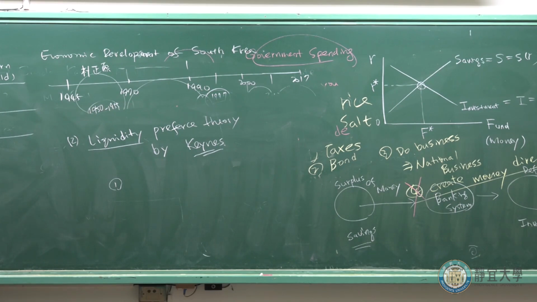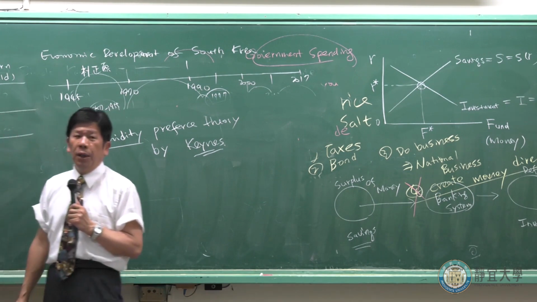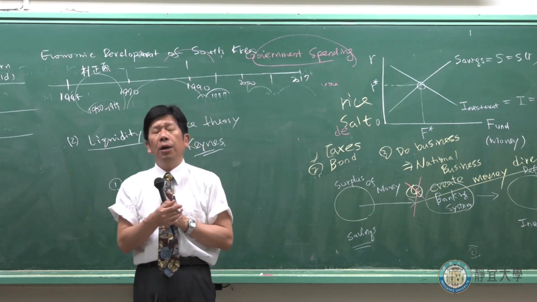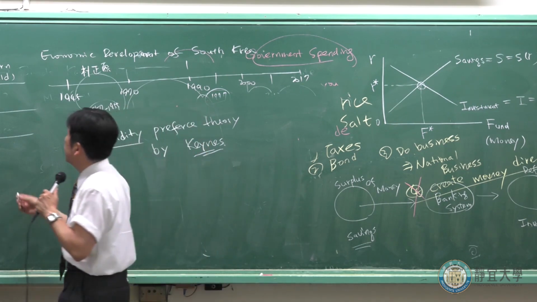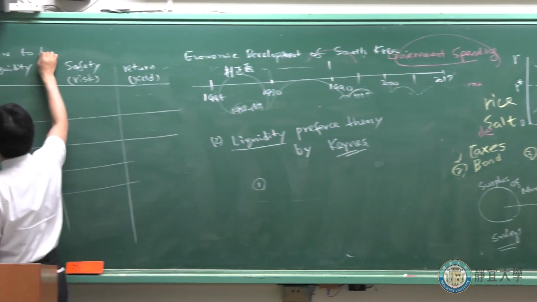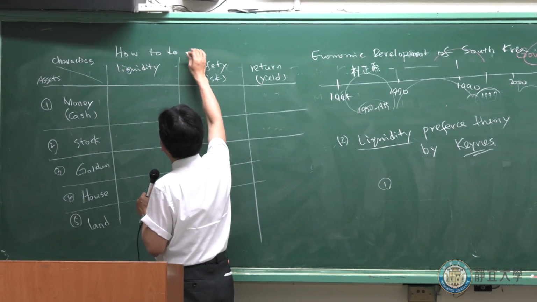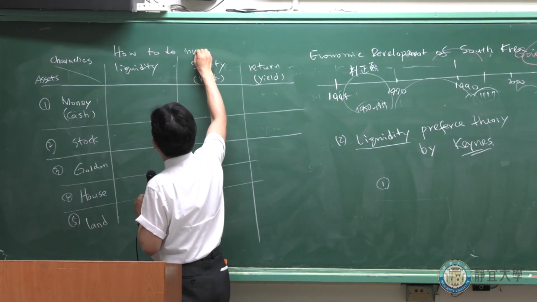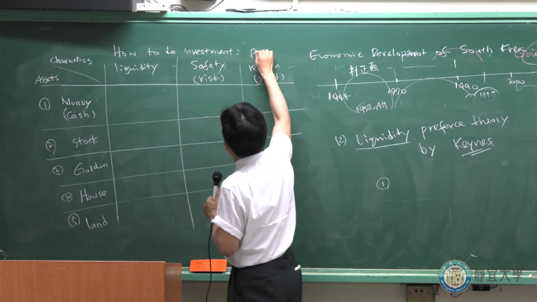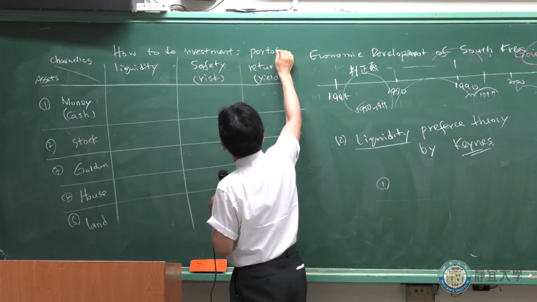I mean, maybe you want to buy a house, or you want to buy some rental. Okay? I mean, for your portfolio, you want to consider how to do the investment.